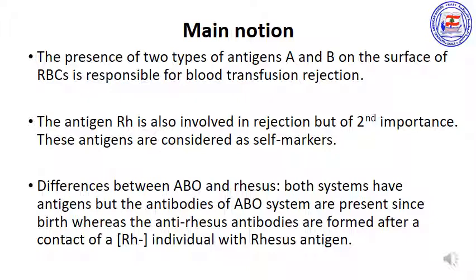Of course, the antigen A, antigen B, and the rhesus antigen are all considered as self-markers present on the surface of red blood cells. What's the difference between the ABO and the rhesus system? They both have antigens, but the antibodies of the ABO system are present since birth, whereas the anti-rhesus antibodies are formed after a contact of a rhesus-negative individual with a rhesus antigen.